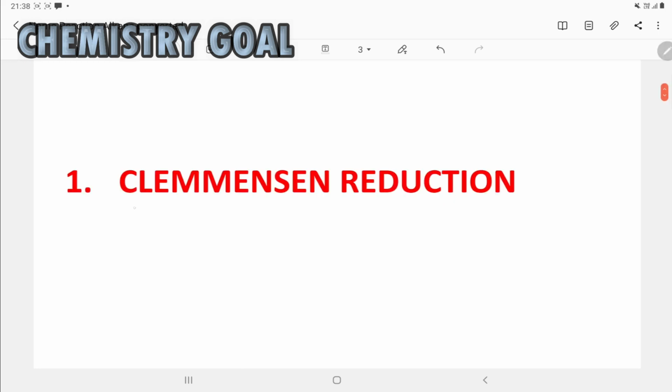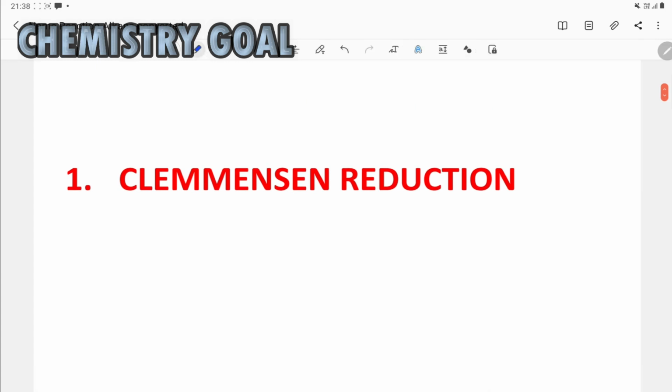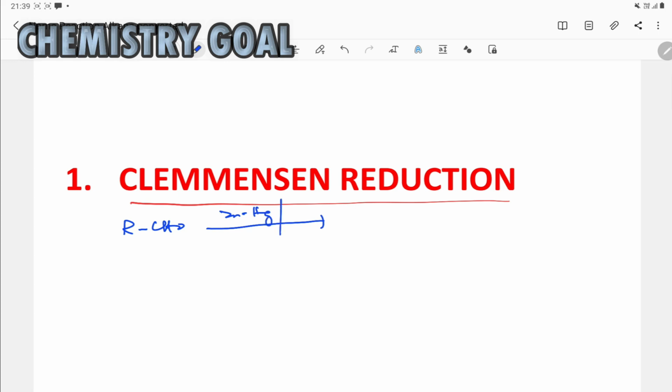First reaction, that is the name reaction, is called Clemmensen reaction. This reaction is called Clemmensen reduction. What is this Clemmensen reduction? In Clemmensen reduction, either aldehyde undergoes reduction in presence of zinc amalgam and HCl and converts to alkane.